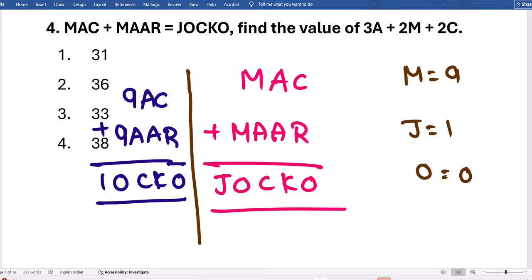We know only about M, J and O. We substitute that. Now can you decide A value?